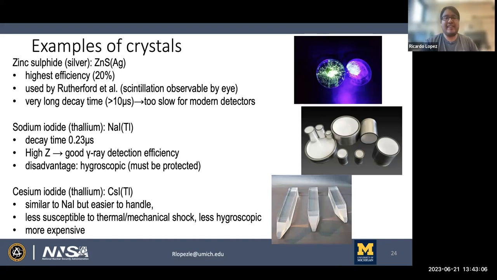Now, I mentioned before that in general, inorganic scintillators tend to be of higher density. As such, they have high Z, so they tend, by their very nature, to have fairly good gamma ray detection efficiency. But of course, there's a limit to this. If you make them very, very small, they could be very efficient.